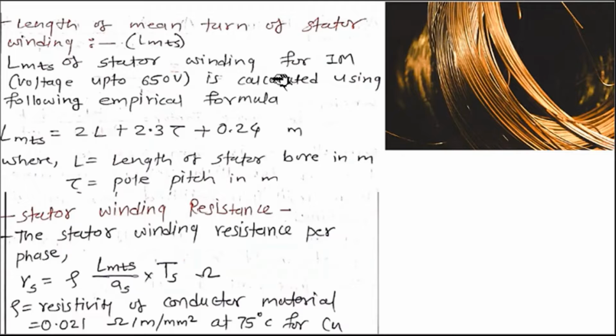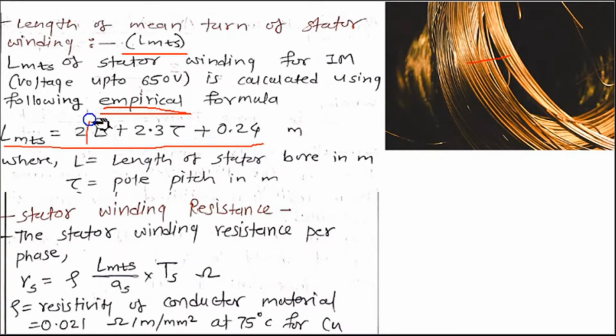Now to calculate the resistance of the winding, here the round winding is shown. To calculate the resistance, you must know the length of mean turn of the stator winding. The length of mean turn, LMTS, of the stator winding is given by the following empirical formula: LMTS is equal to 2L plus 2.3 tau plus 0.24 meter.